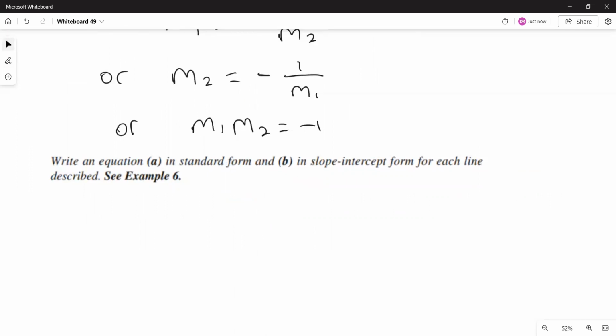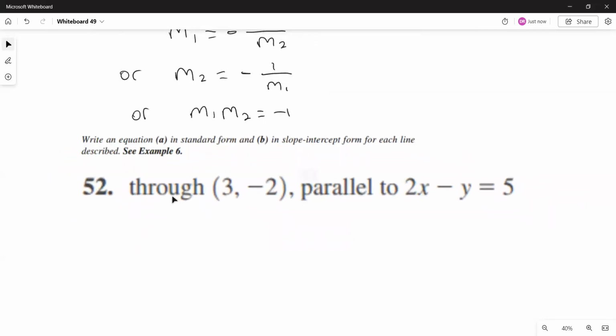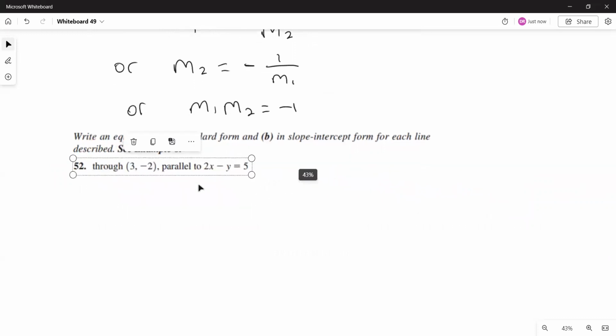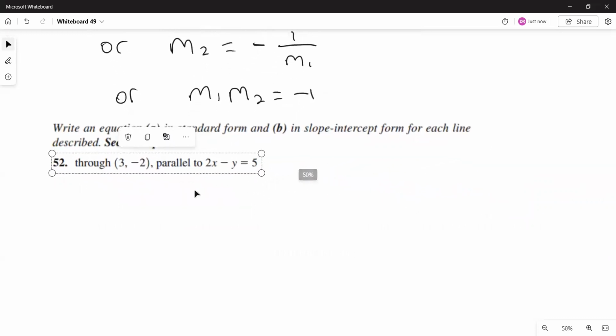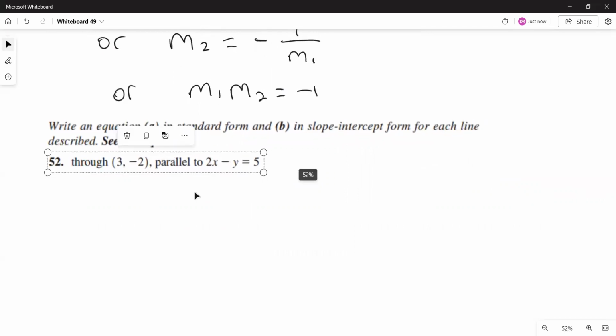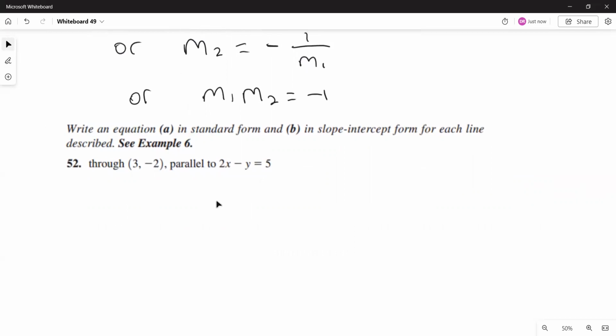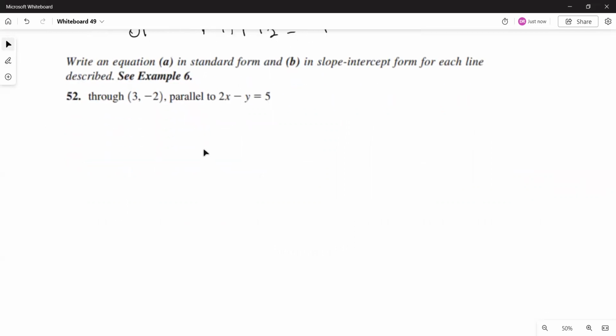We're going to write an equation in standard form and in slope-intercept form for each line described. The line passes through the point 3, -2, and is parallel to 2x minus y equals 5.